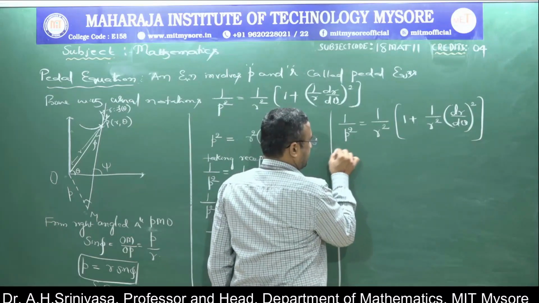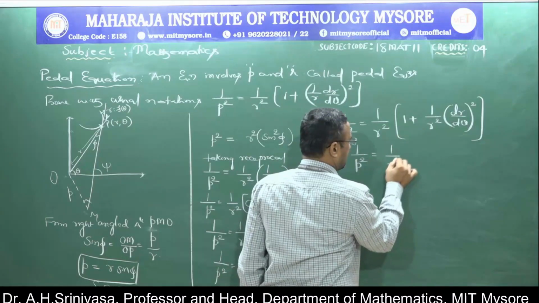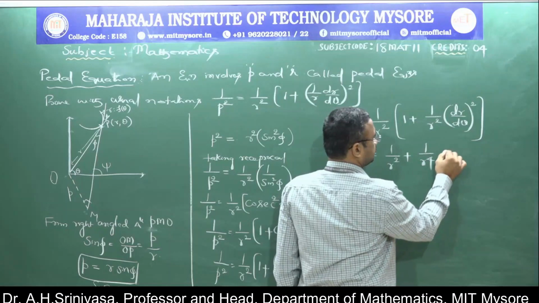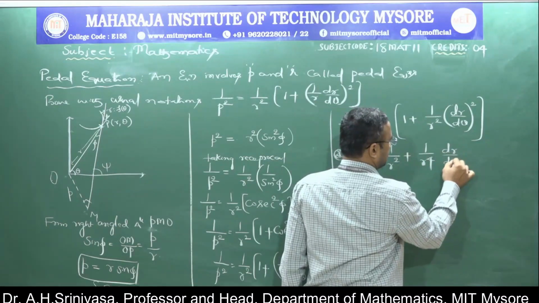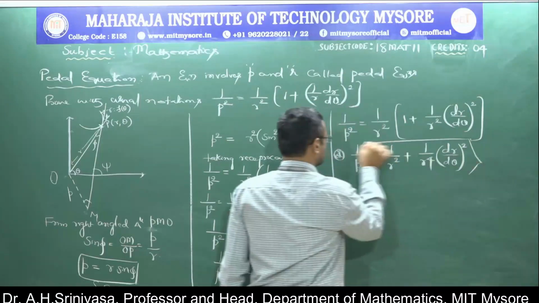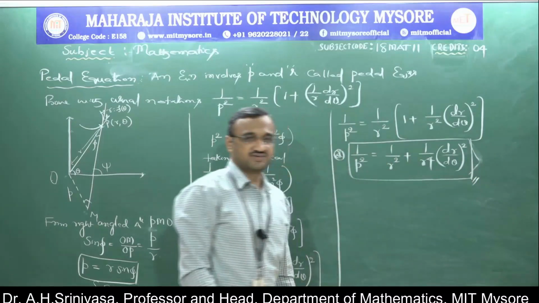Or, 1 by p square equal to 1 by r square plus 1 by r power 4 into dr by d theta whole square. So this is the result.